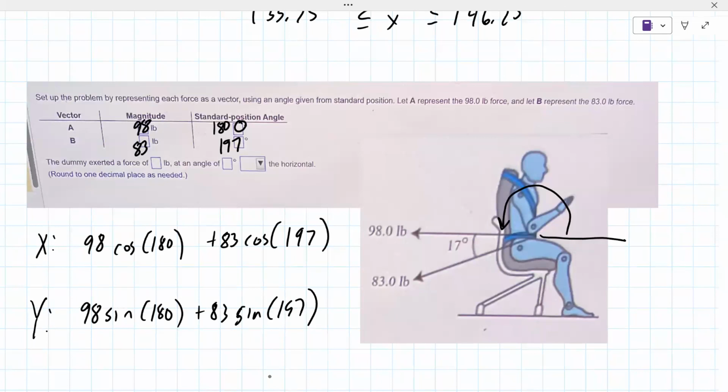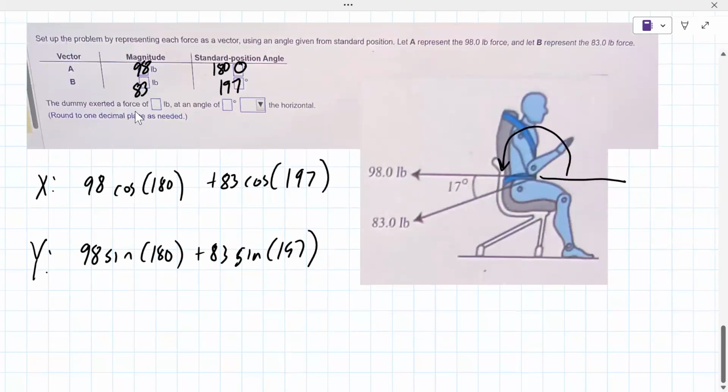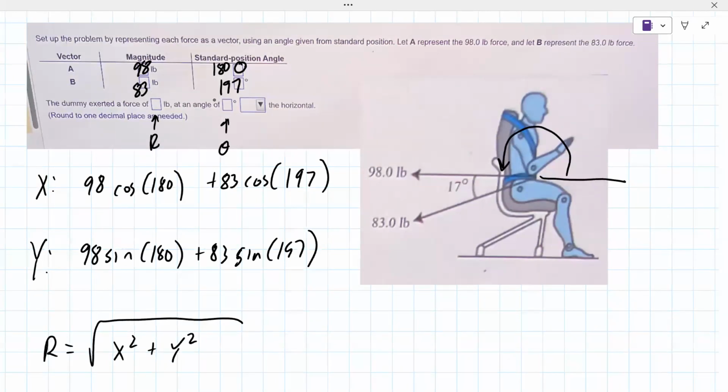And so we want these two values, and then to find, I'm gonna call this R for the moment, and this theta. R is the square root of x squared plus y squared. So what I would do is go to Desmos and call this X, call this Y, and do this.